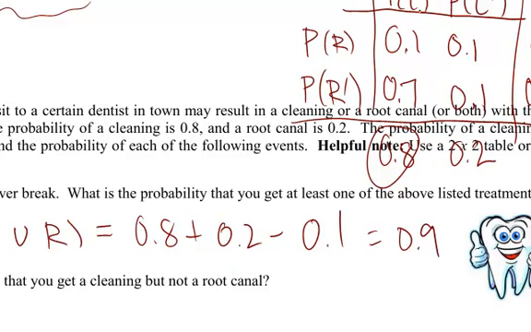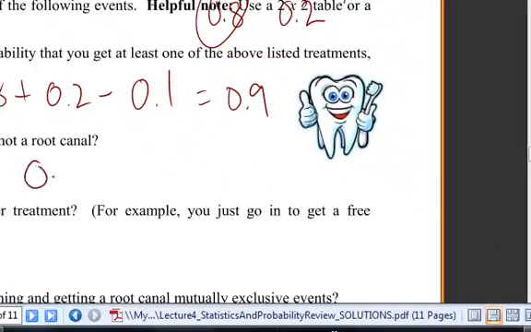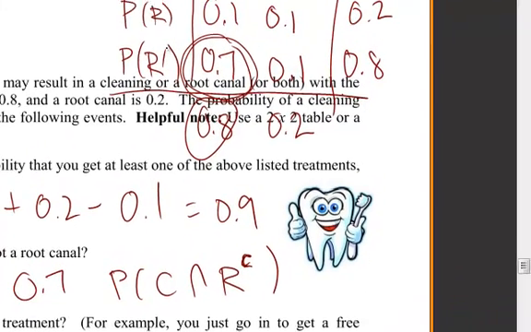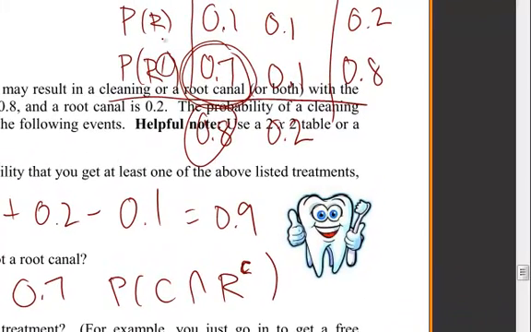That's right here: cleaning and not root canal, so 0.7. Wow, I hope I haven't been interchanging notation, but for complement, sometimes I forget and I put little dashes. That also means complement in some books.